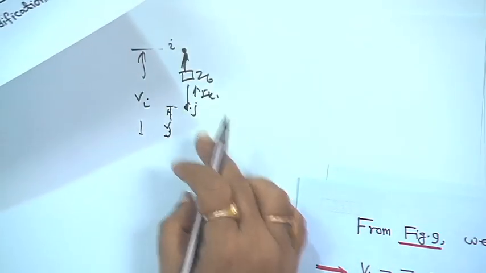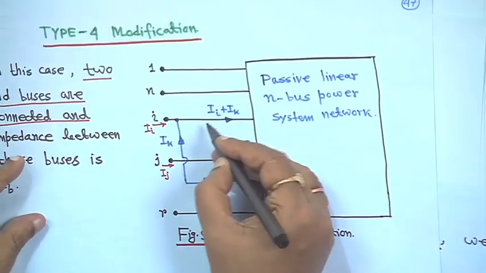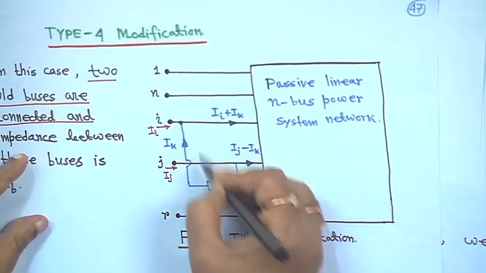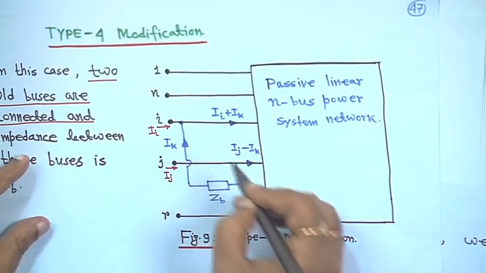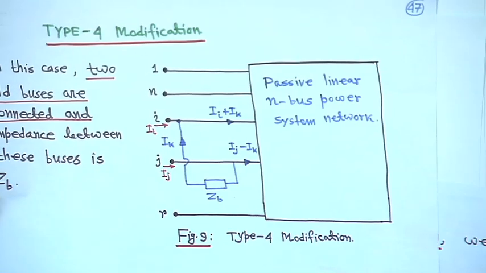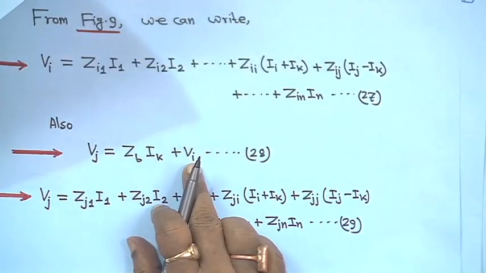So, this is the simplification, how you can make it. If you draw this and put the Zb, then apply KVL, then Vj will become Zb Ik plus Vi.